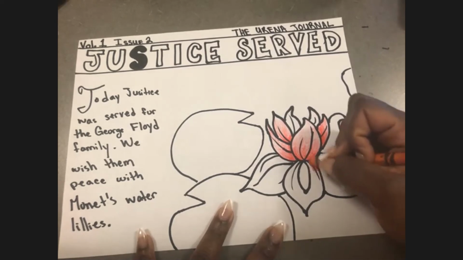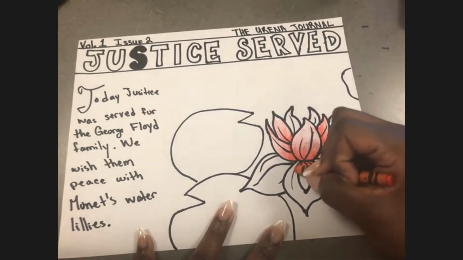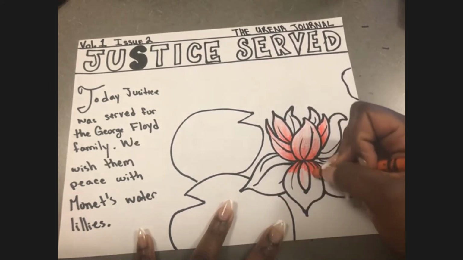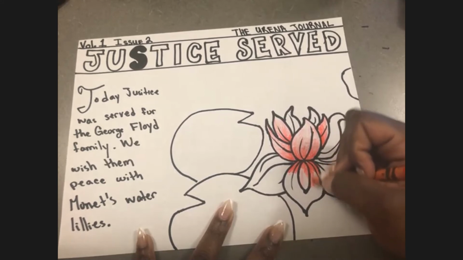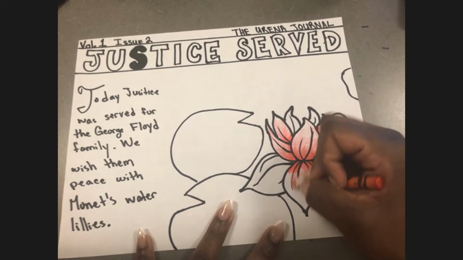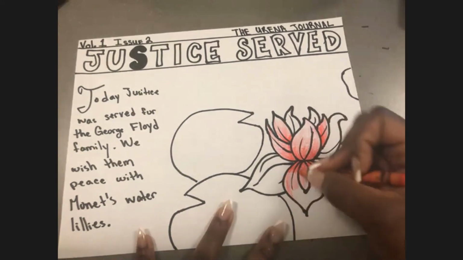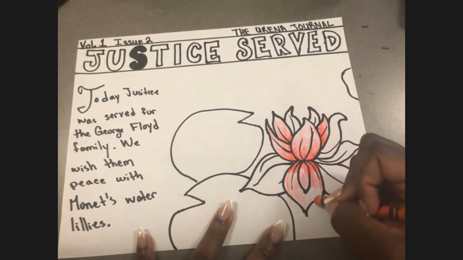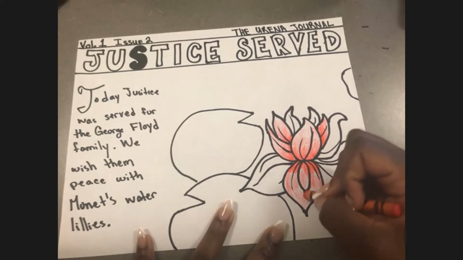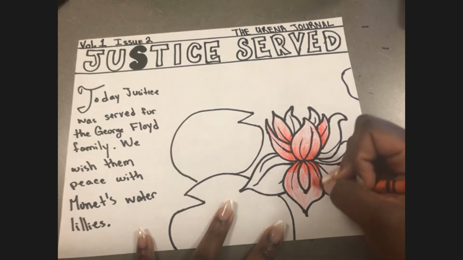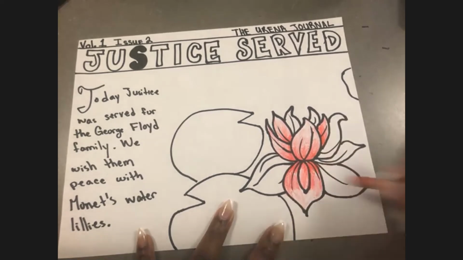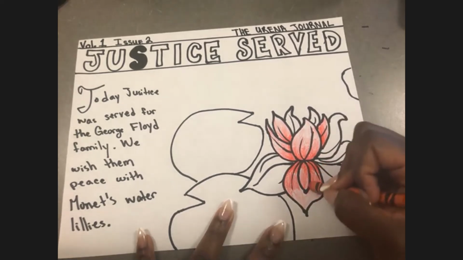And so we're going to do the same thing for the bottom. I'm going to create that value in our water lily by just pressing lighter and lighter as we go to the bottom.